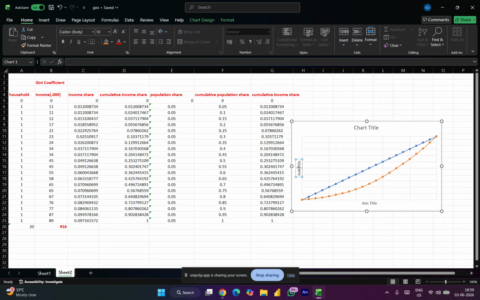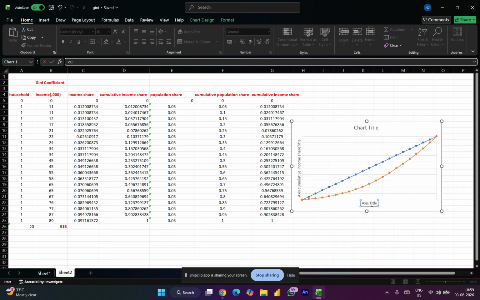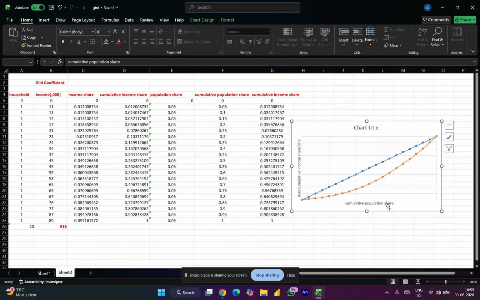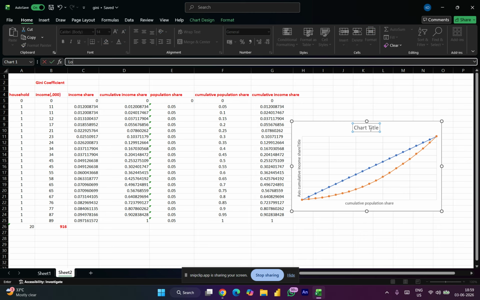This is cumulative income share, and this is cumulative population share. Chart title: Gini by Lorenz Curve.